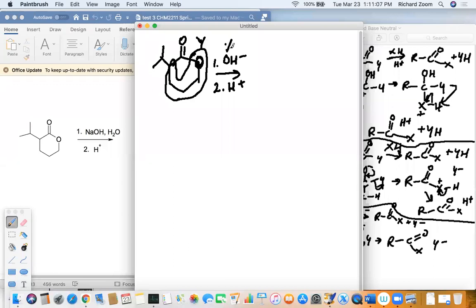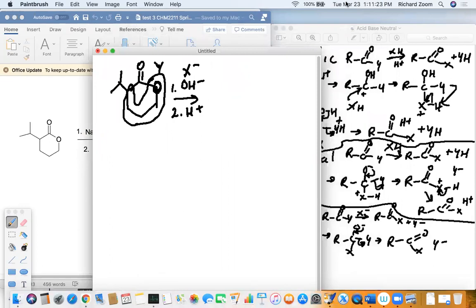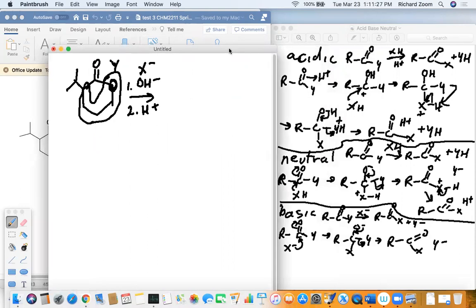And then the X here is X minus, the OH minus, and we're following this basic mechanism here. So the Y group ends up being replaced with the OH minus.